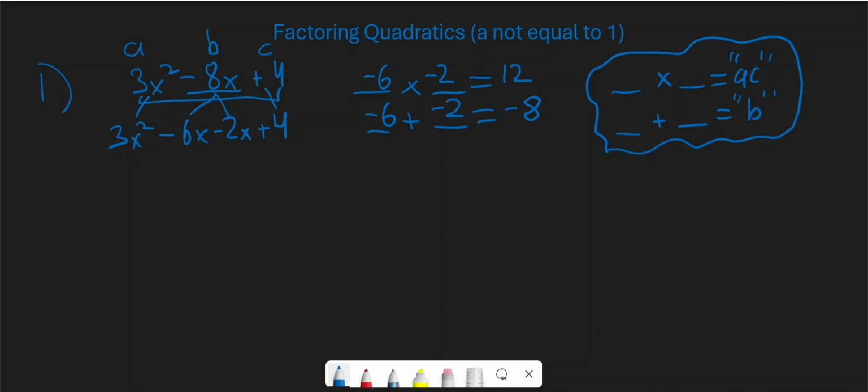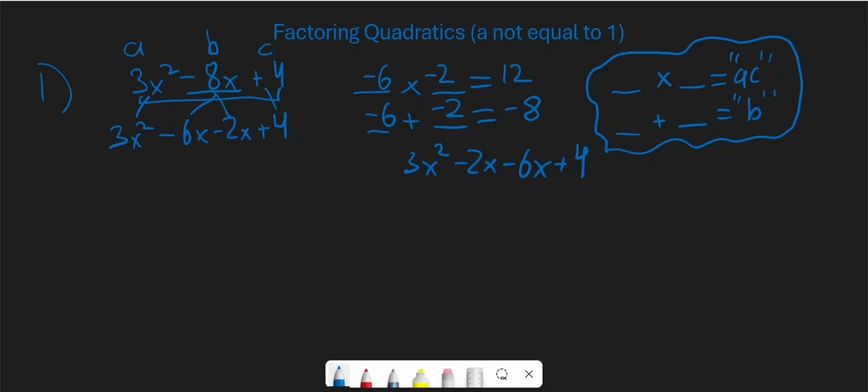Now, does it matter which one comes first? Meaning, could we have written it as 3x squared, and then minus 2x, and then minus 6x plus 4? The answer is yes. This would have also been a valid breakup of your bx term. But the reason I put it as a negative 6x minus 2x is because 6 is more compatible with 3, and 2 is more compatible with 4.